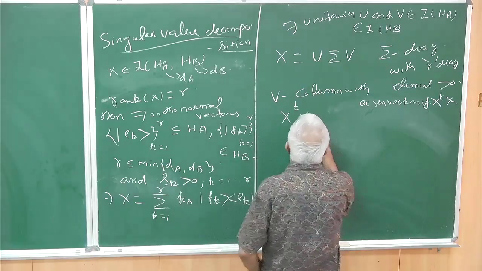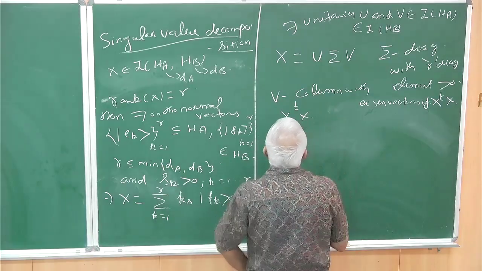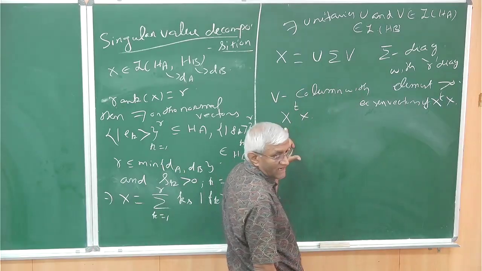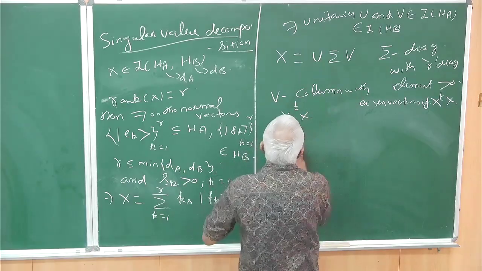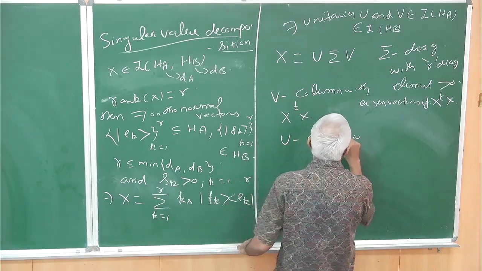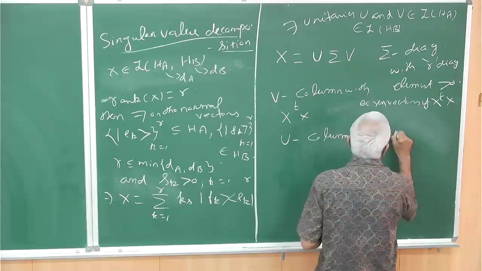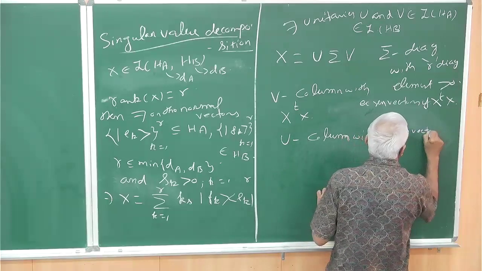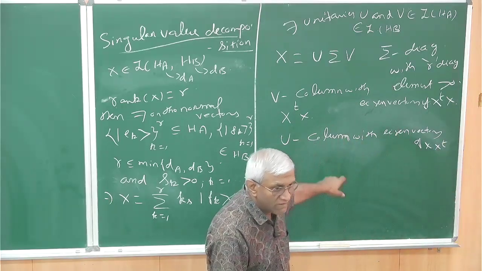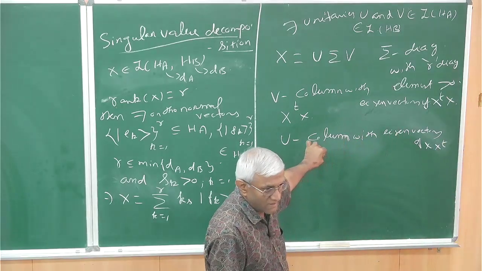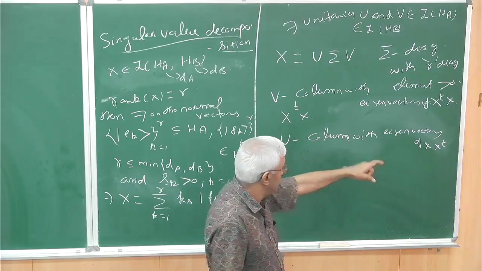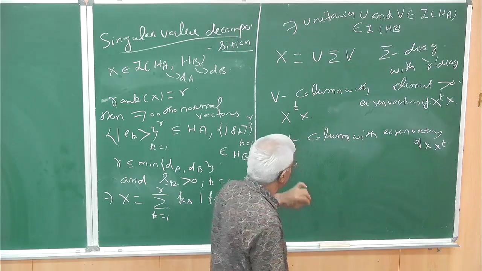Okay, so X transpose X. V has columns which are the eigenvectors of X transpose X, and U has columns which are eigenvectors of XX transpose. Both will have the same eigenvalues, which you can follow from linear algebra.